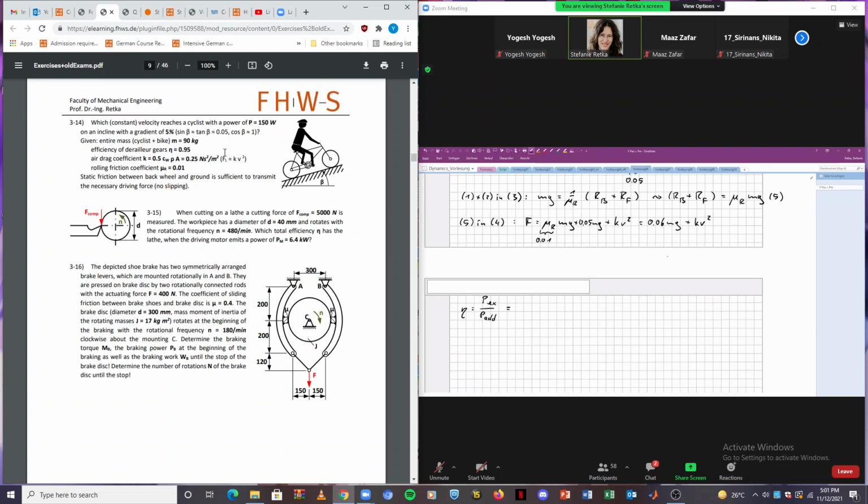You know whether the power is added or extracted from the problem description, because here it says which velocity reaches a cyclist with a power of 150 watt on an incline, etc. So the cyclist applies a power of 150 watt. The power is not being extracted from the system.